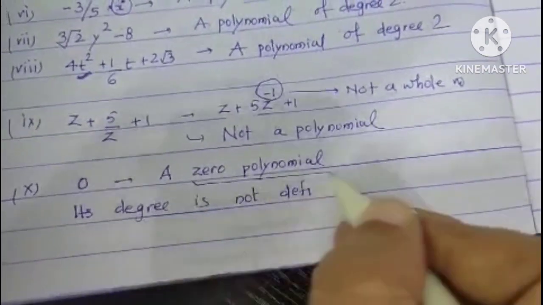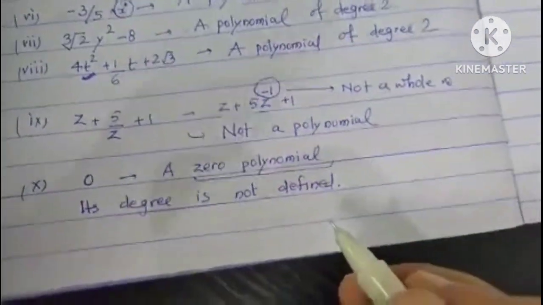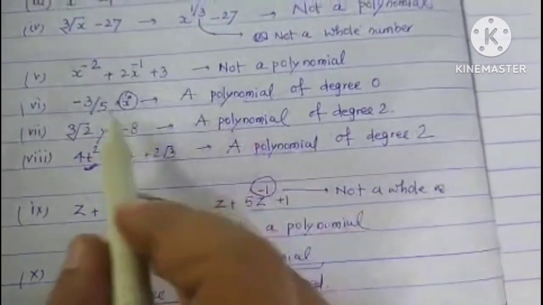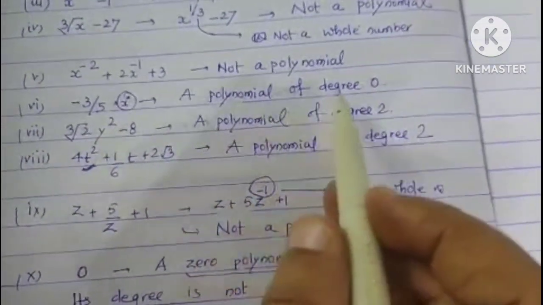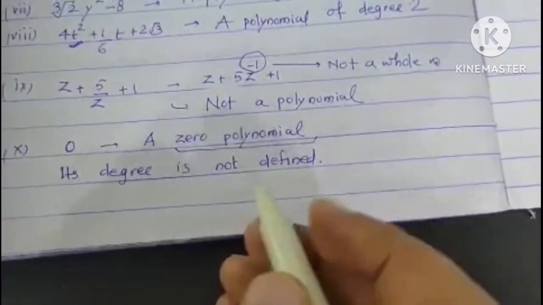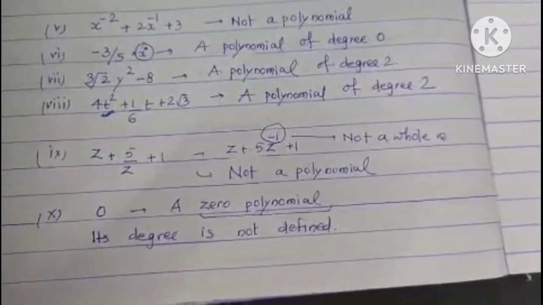It is called a zero polynomial and degree is not defined. Likewise, when I told you this minus 3 by 5, this is a constant polynomial, but its degree is 0. But here 0 is a zero polynomial and degree is not defined. Okay, so let's move forward.